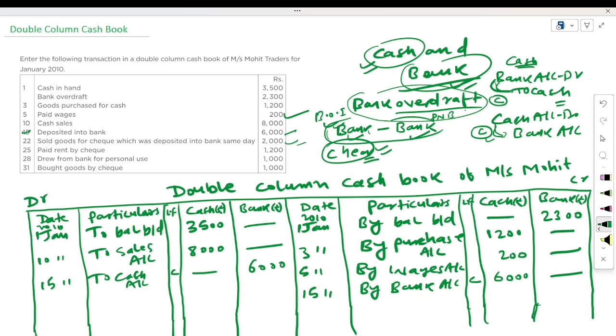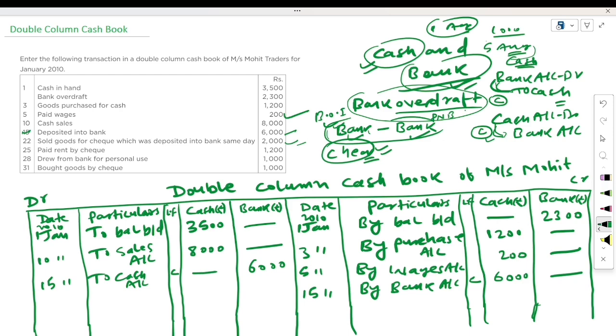Suppose you got a check on 1st August, 1,000 rupees. But you are not depositing this check on 1st August. You are depositing it on 5th August. So here you will record in the double column cash book on which date? 5th August, not 1st August.